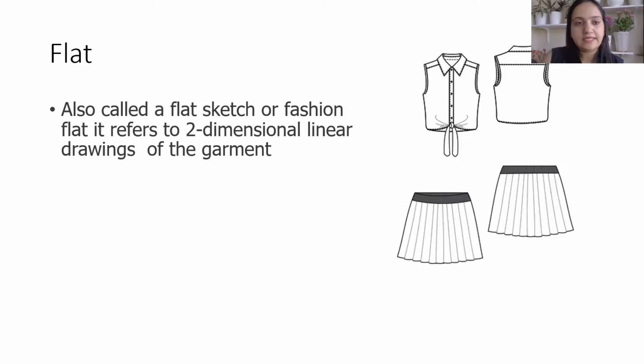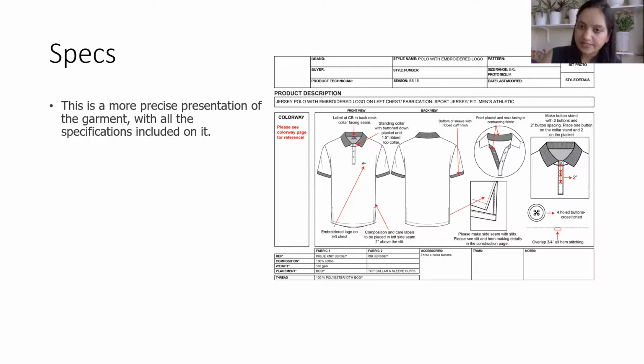Now the next is specs. We can also call them technical spec sheets. A technical spec sheet is again a detailed description of your drawing. If you remember, I have also said that we consider drawing in two parts: one is the artistic mode, and one is the technical one.